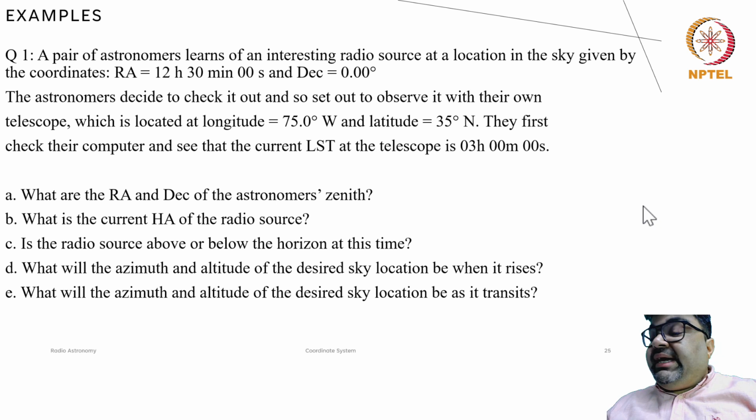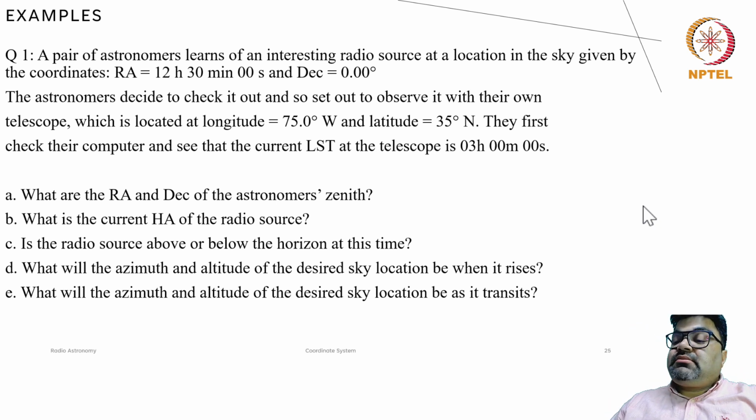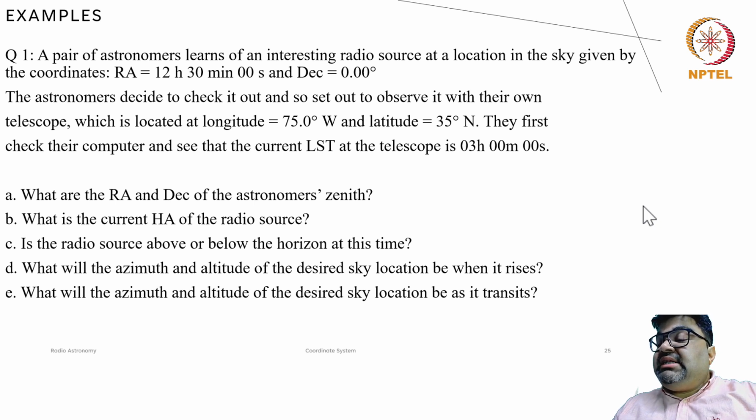Let's take up one example to end this discussion. A pair of astronomers learns of an interesting radio source at a location in the sky given by RA equal to 12 hours, 30 minutes and 0 seconds and declination equal to 0.